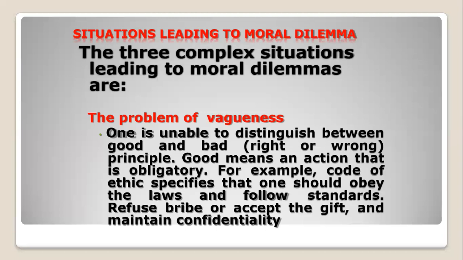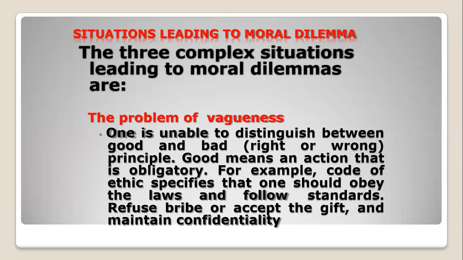The problem of vagueness is being unable to distinguish between good and bad, that is, whether something is right or wrong. Good means an action that is obligatory. For example, the Code of Ethics specifies that one should obey the laws and follow standards, refuse bribes or gifts, and maintain confidentiality.